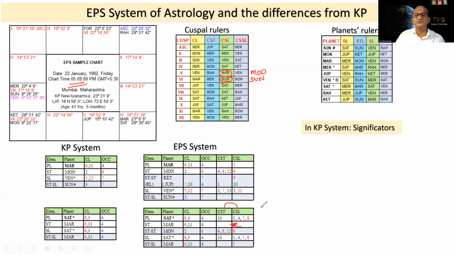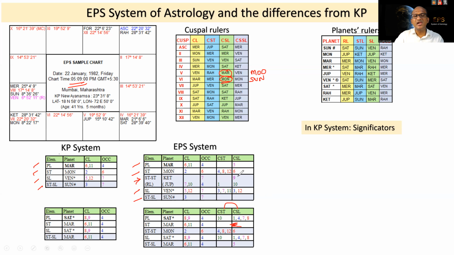But what we have to understand is the difference between the KP system and the EPS method of analysis in finding the strength or signification of a planet. One more thing: in KP we take only the planet, star lord, sublord, and the star lord as the sublord. But in EPS, apart from these 4 levels, we take the star lord of the star lord also.